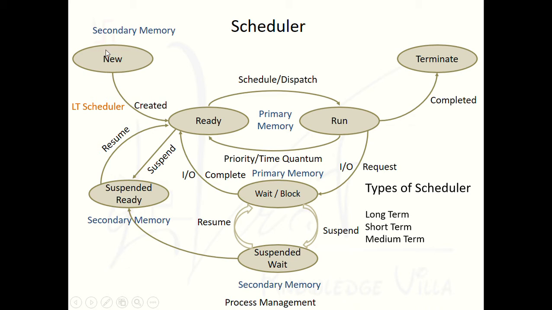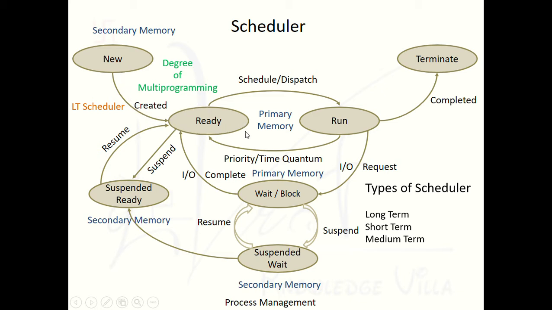Whenever processes arrive from the new state to the ready state, it is done by the long term scheduler, and this is called the degree of multi-programming. Why? Because there are multiple processes inside the new state and all of them arrive into the ready state.